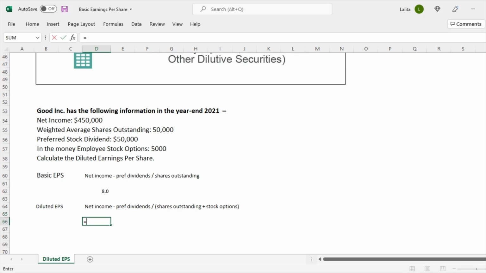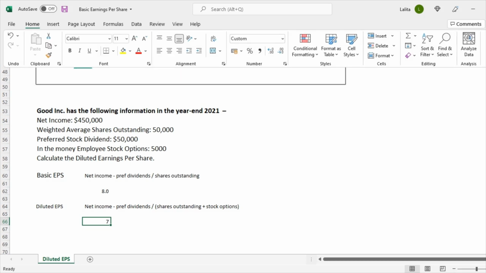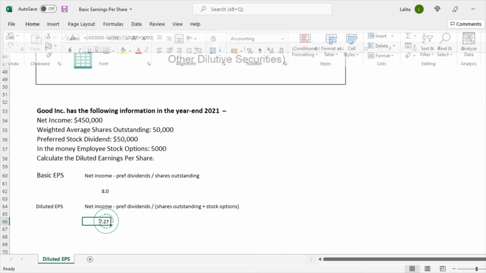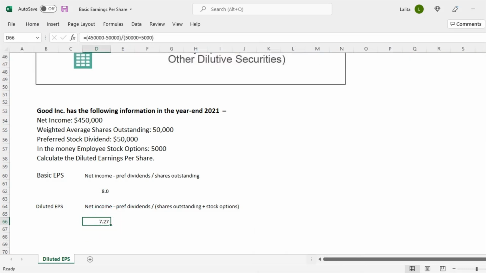Here the numerator will remain the same, $450,000 minus $50,000, divided by your shares outstanding, that is 50,000, and we need to add the effect of dilution as well, that is 5,000. So we get 55,000 as the denominator. So the total diluted EPS will be 7.27. This is how your diluted EPS can be calculated.